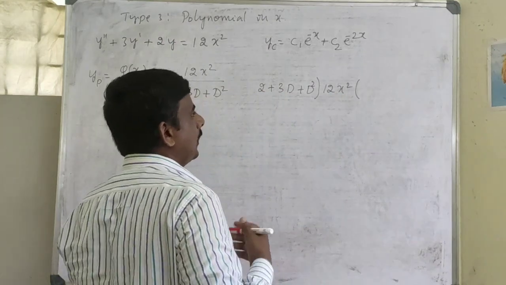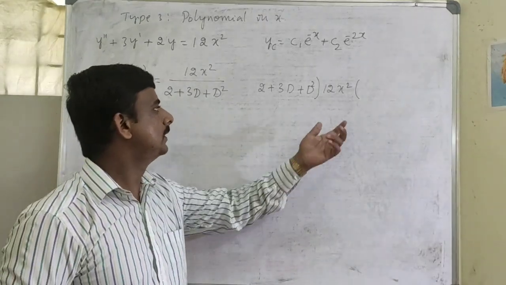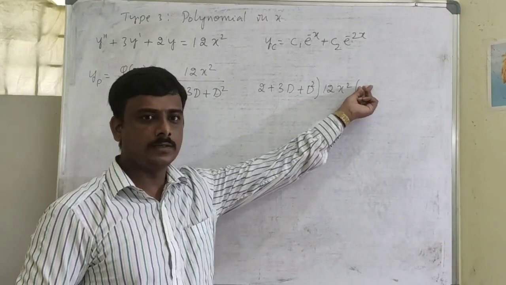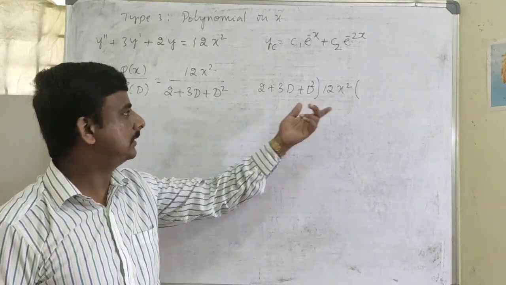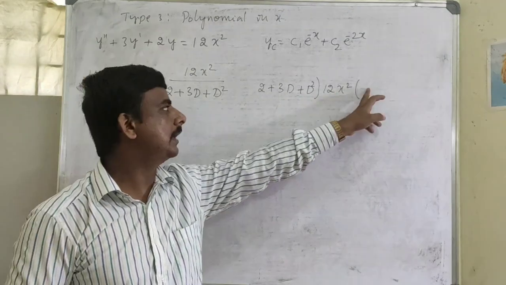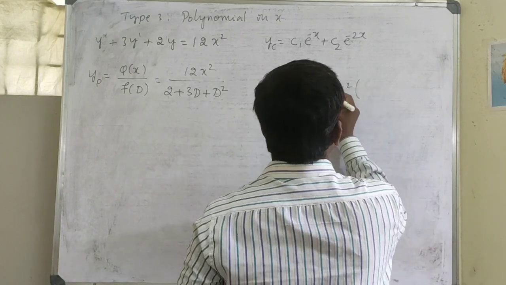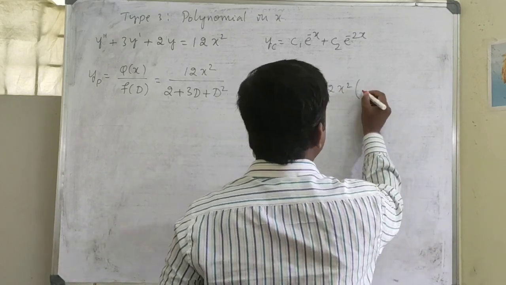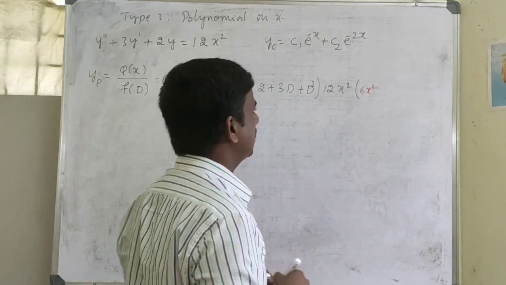The shortcut is, just divide 12x square by the constant. Whatever you get should be written here. So 12x square divided by 2, that is 6x square. We should write that.